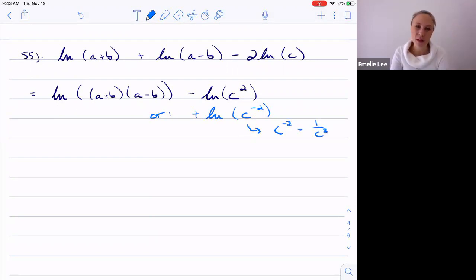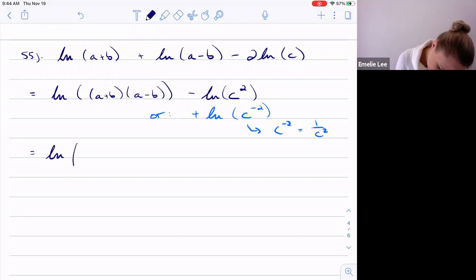Then I'm multiplying by 1 over c squared, right? So that's just a side note. I think it might be easier to just go from subtraction to division. So what we get is the ln of a plus b times a minus b divided by c squared.